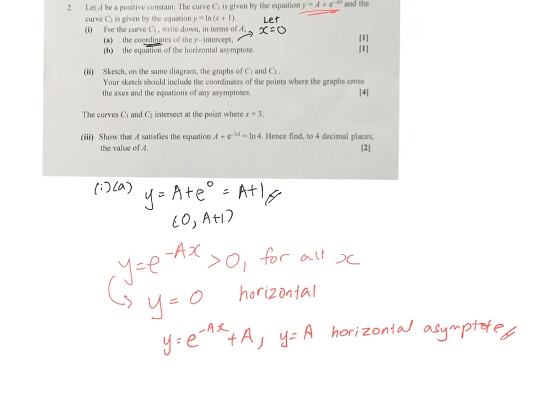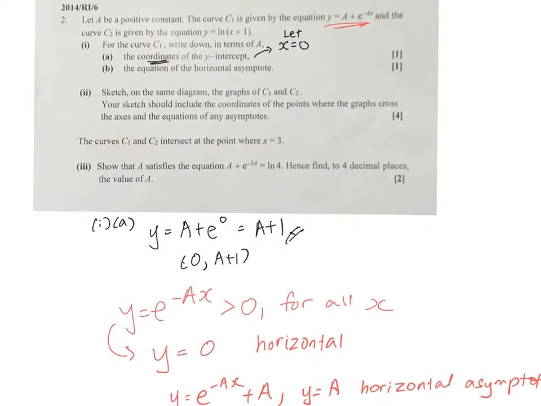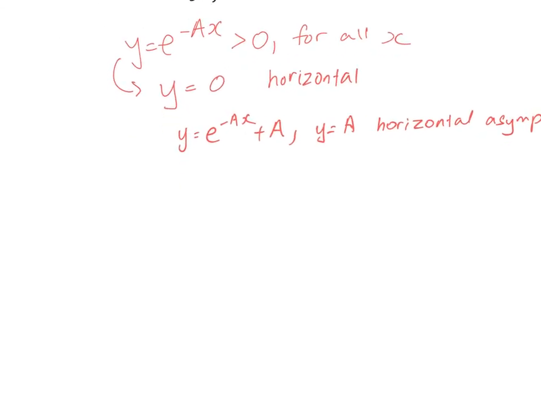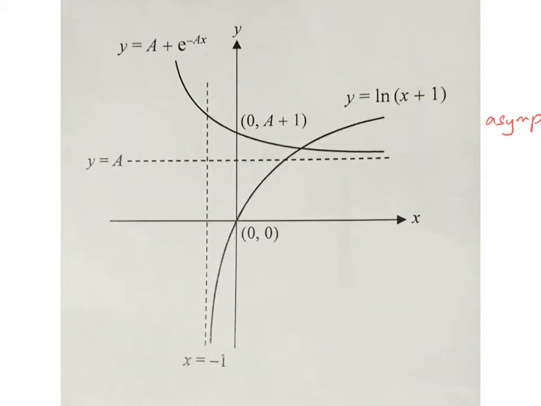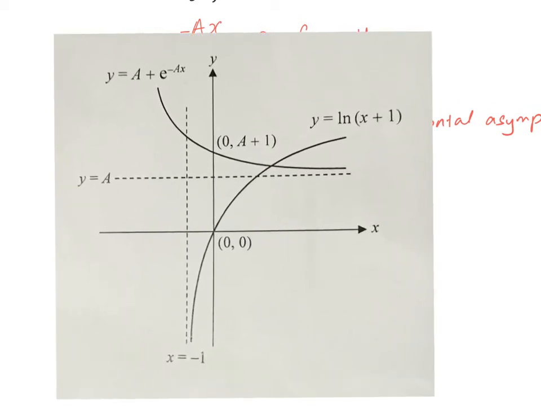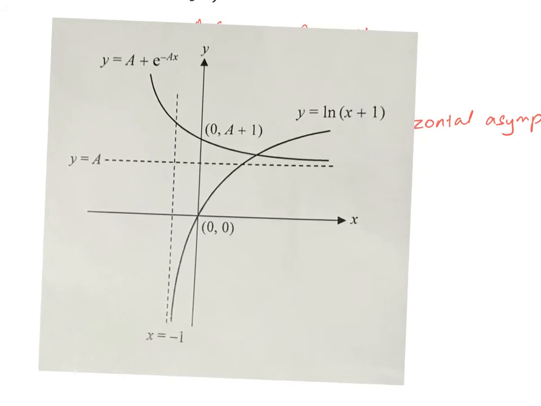Next part, I need to sketch a graph of C1 and C2. Your graph should include the coordinates of the points where the graph crosses the axes, as well as the equation of any asymptotes. Based on what you have, you should already be able to obtain this graph.